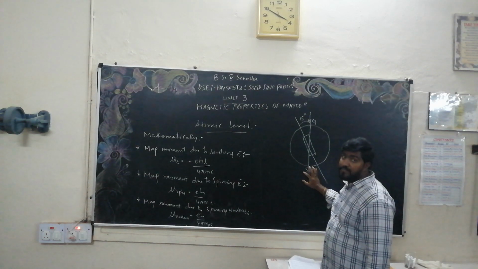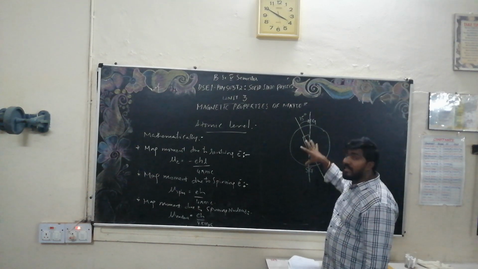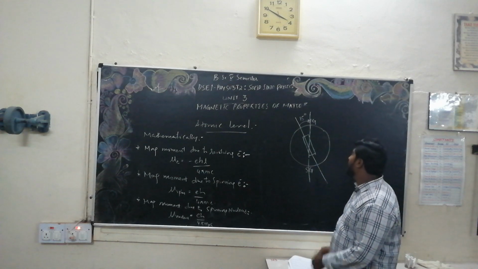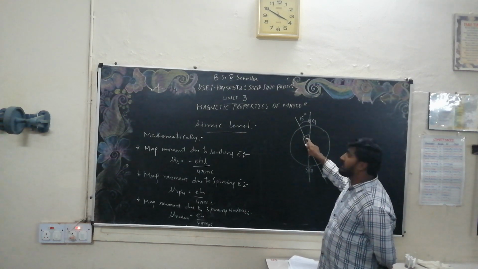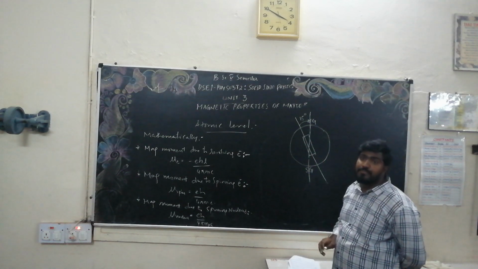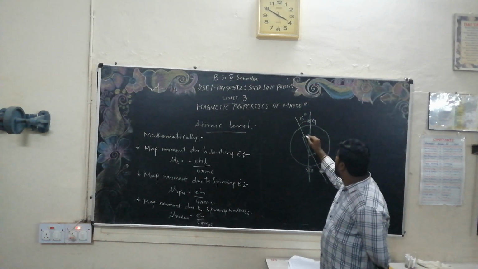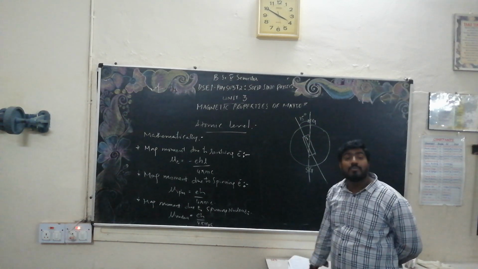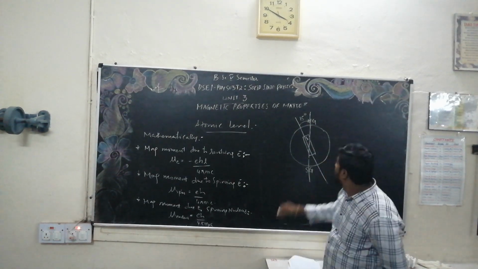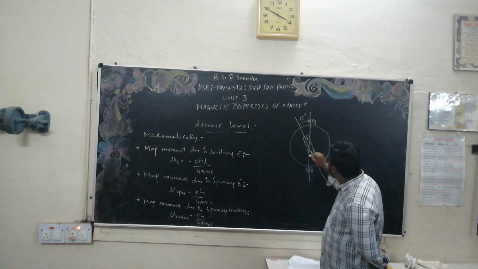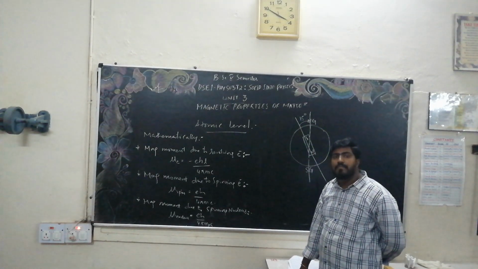We have placed a magnet at the center of the Earth. What pole should occur here? It should have the south, that is the magnetic south pole, whereas this is our magnetic north pole.